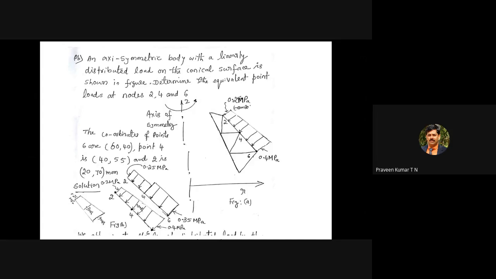If you see the problem statement, an axisymmetric body with a linearly distributed load on the conical surface is shown in the figure. Determine equivalent point loads at nodes 2, 4 as well as 6.